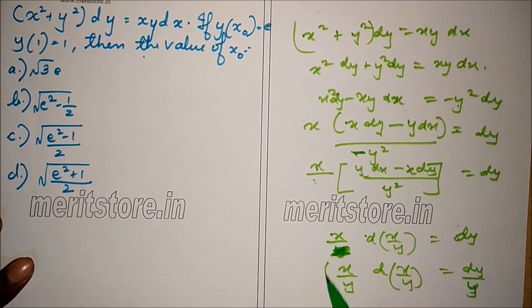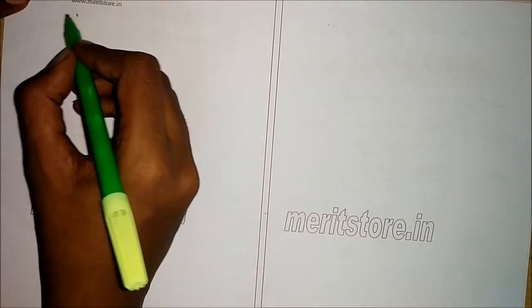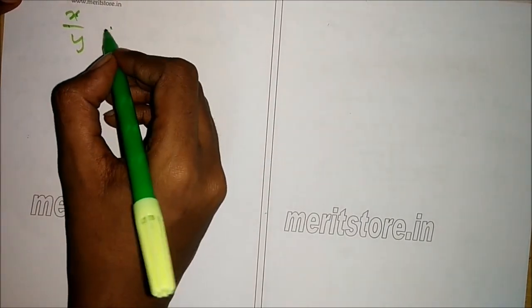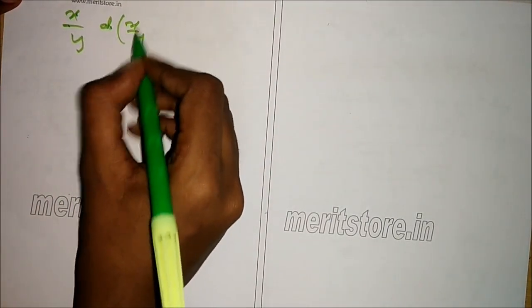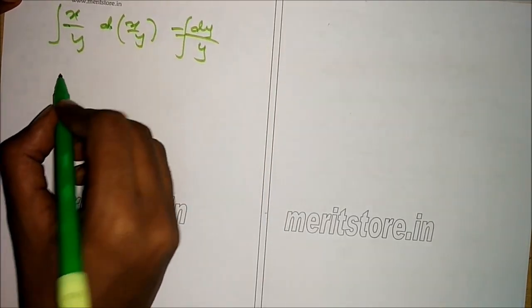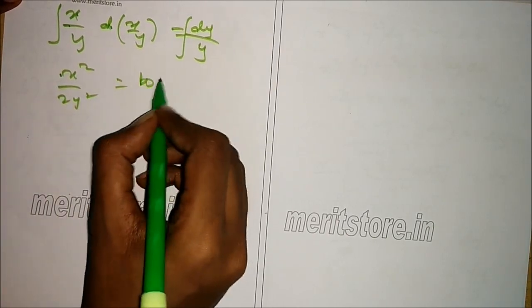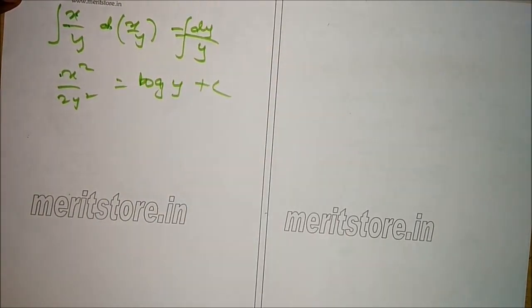So integrating both sides, what we got in the previous step was x by y, d of x by y is equal to dy by y. We integrated it, so we get x square by 2y square is equal to log y plus c.